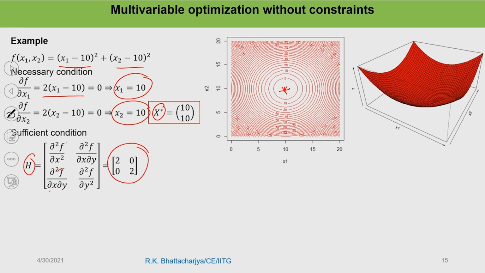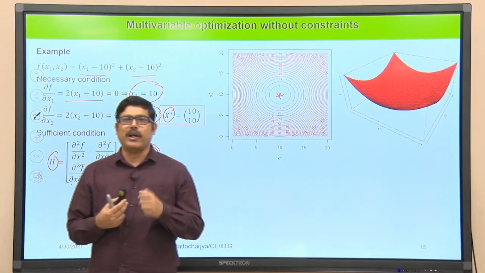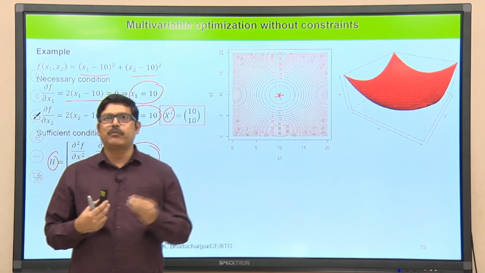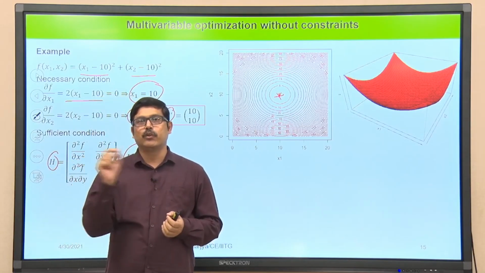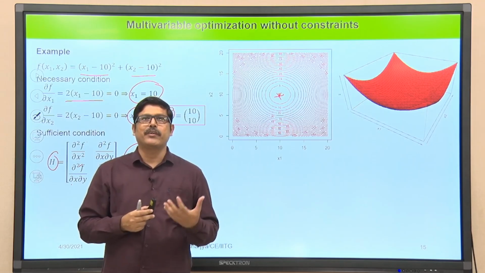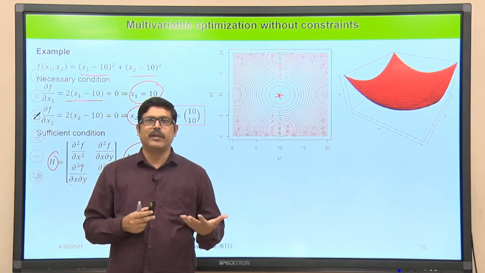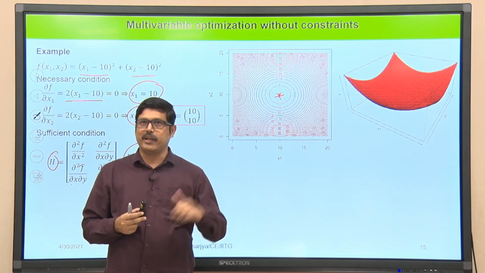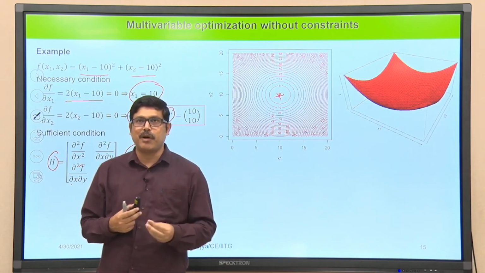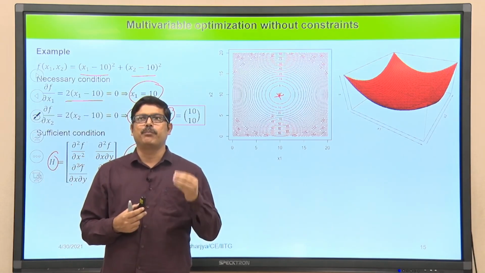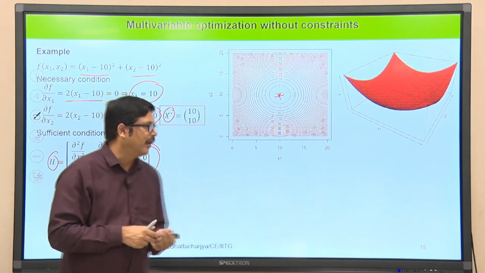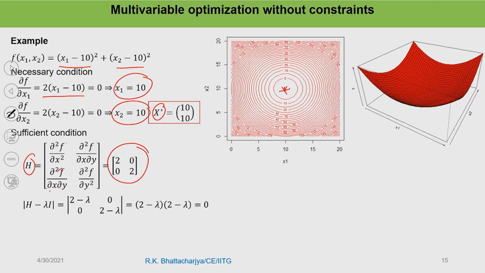Now, I have to check whether this Hessian matrix, 2 0, 0 2, is a positive definite matrix, a negative definite matrix, or neither positive nor negative. In this case I know this is a minimum point, so the matrix should be a positive definite matrix. Let us see, I can calculate the eigenvalues.